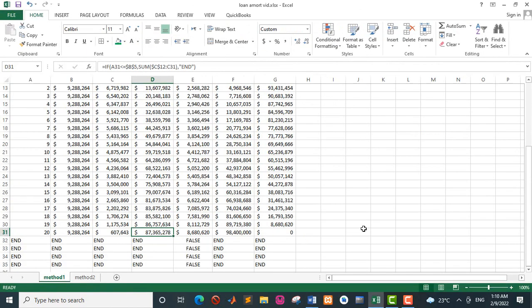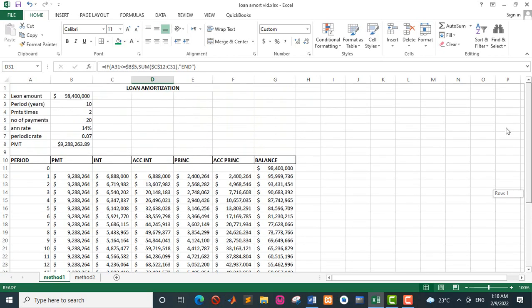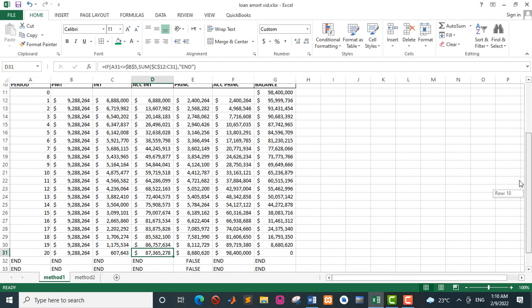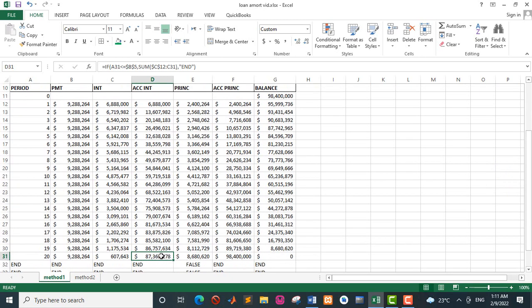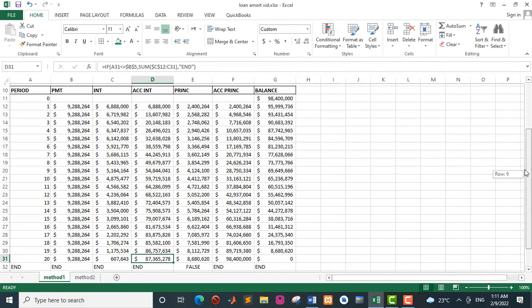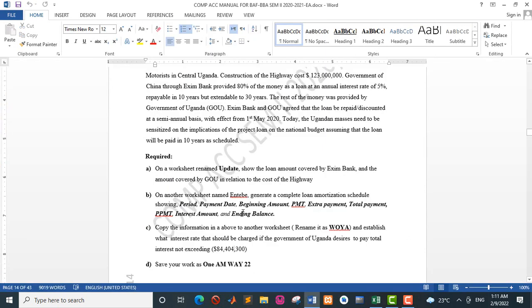So what happens? So this simply means that we are supposed to use the technique called goal seek. Okay, so we want to set this particular cell to 84 million by changing the rate. So what do we do?